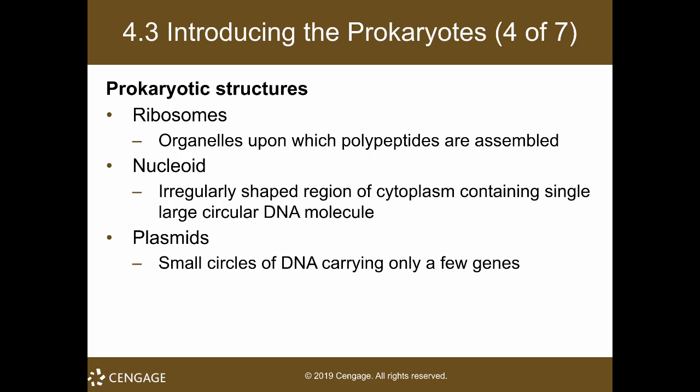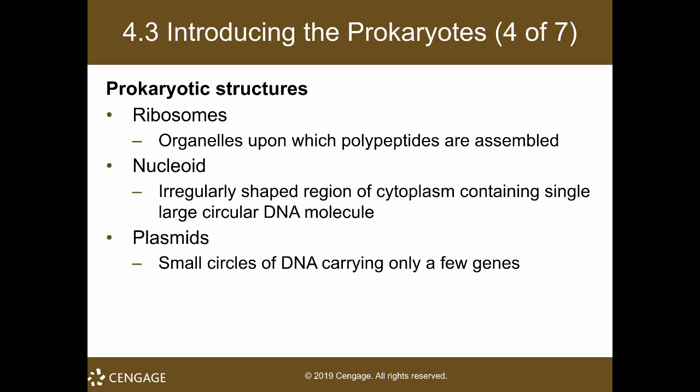And then we also have plasmids. Plasmids are also DNA. They are small circular DNA that carry a few genes. Basically, when the bacterial cells do sexual reproduction or exchange of genetic information, the one that is being exchanged is actually the plasmids, from one plasmid to another.